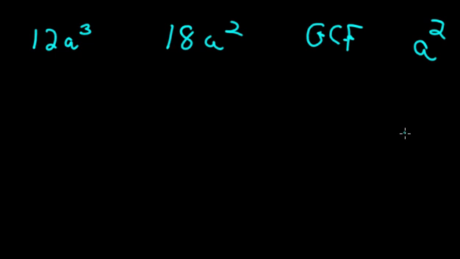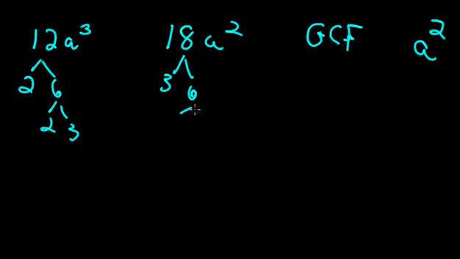The variable is usually the easier part to get out of greatest common factors. And now we need to look at the numbers. 12 is 2 times 6, 2 times 2 times 3. Well, 18 is 3 times 6, 2 times 3 times 3.